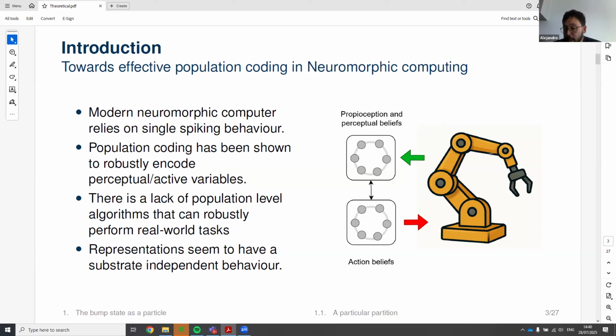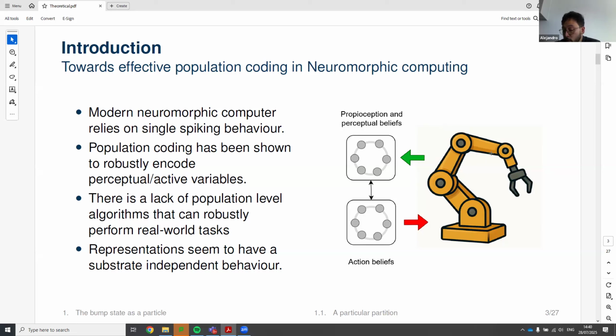But nevertheless, the brain uses a lot of population coding, and it has been shown to encode important variables very robustly. In this population coding, what's interesting is that the individual neurons stop playing such an important role, and instead they act as a medium in which these persistent representations exist.